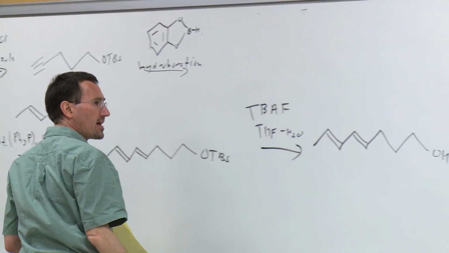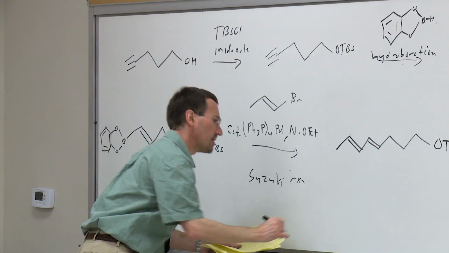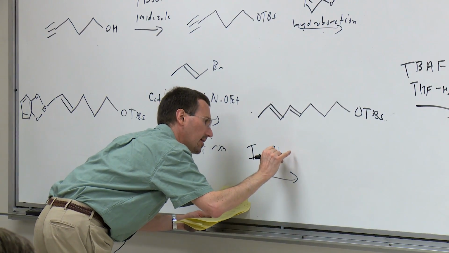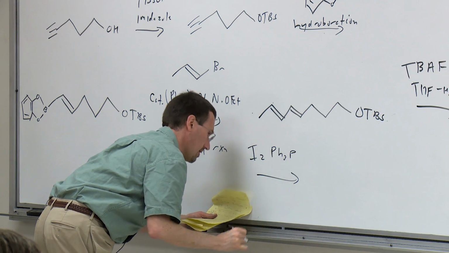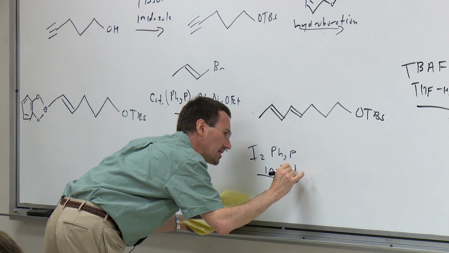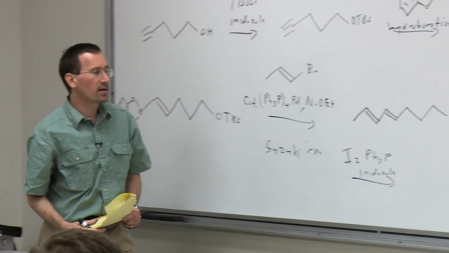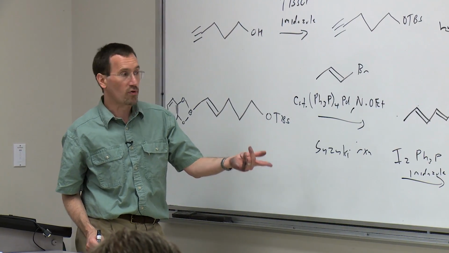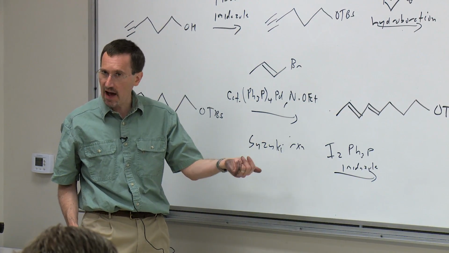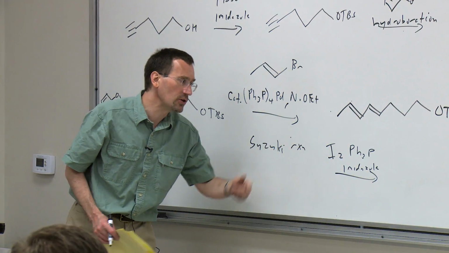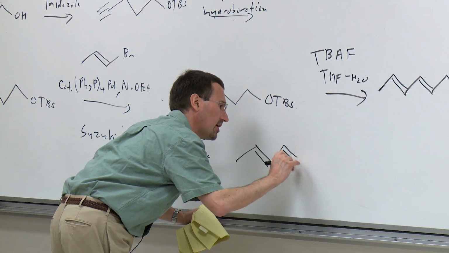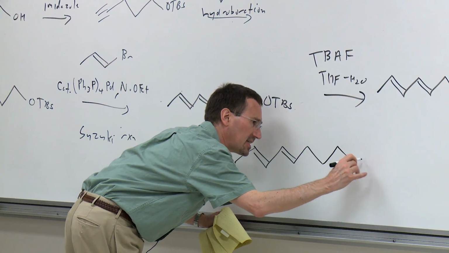And then he makes the iodide by treatment with triphenylphosphine and iodine and imidazole. Basically, figure it this way: make an iodide or make a bromide. You could use red phosphorus, P4 and I2. He uses these conditions. The overall result, it's all the same basic idea.